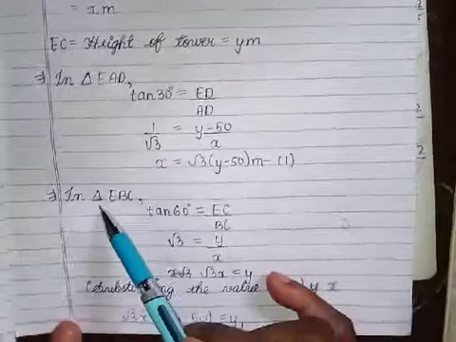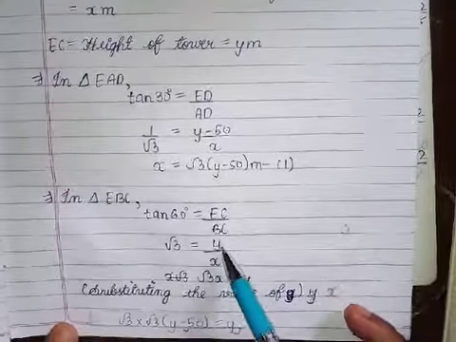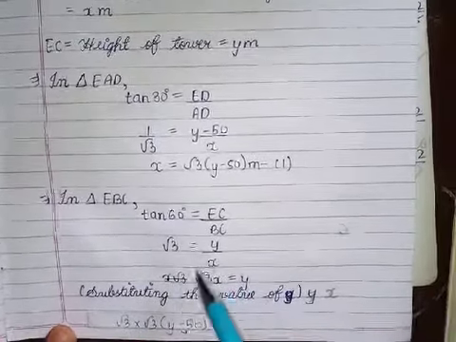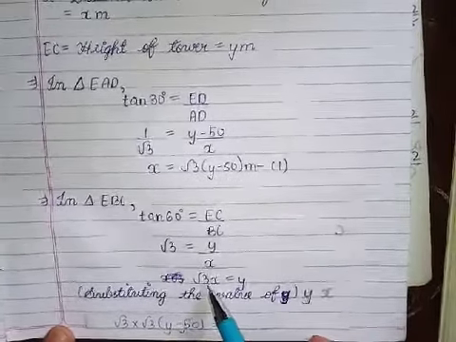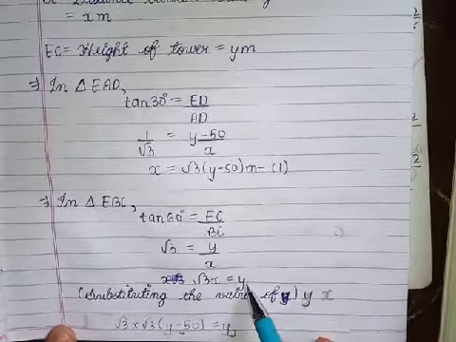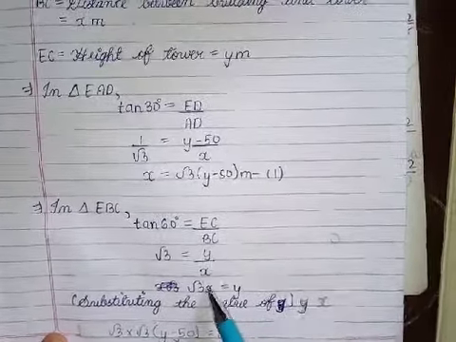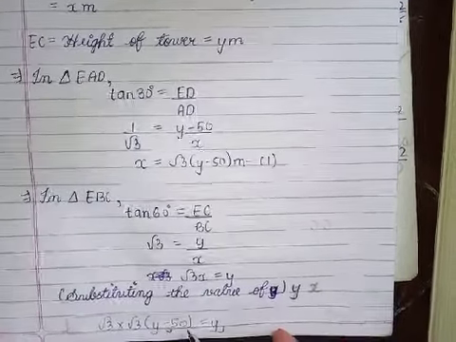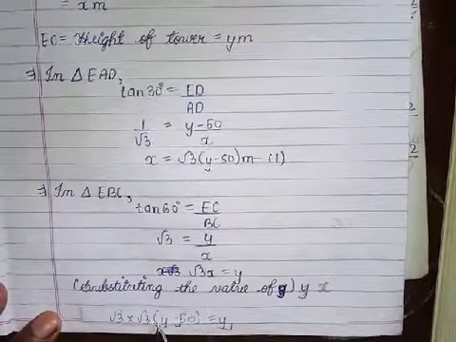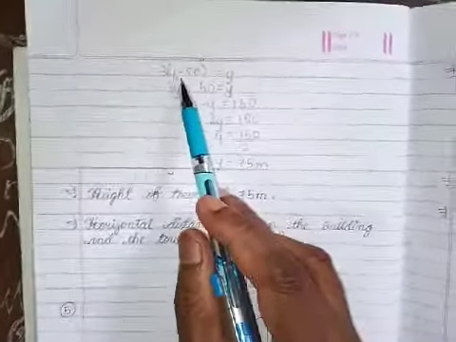Then in triangle EBC, tan 60 is equal to EC upon BC, so root 3 is Y upon X. If you multiply, we get root 3 X is equal to Y. Then substituting the value of X here, root 3 into root 3 (Y minus 50) is equal to Y. Root 3 into root 3 is 3, so 3 times (Y minus 50) is equal to Y.